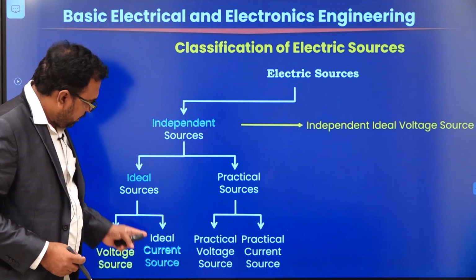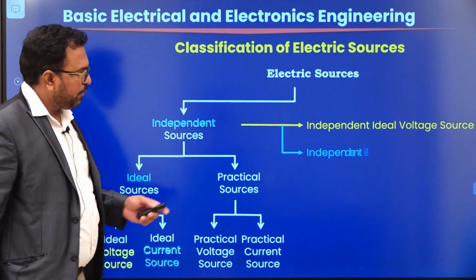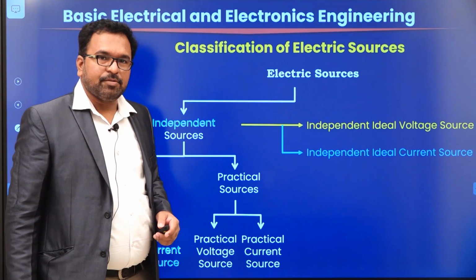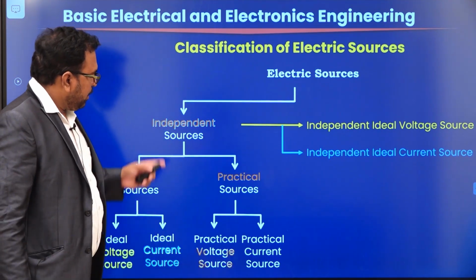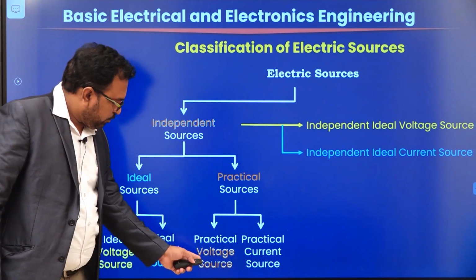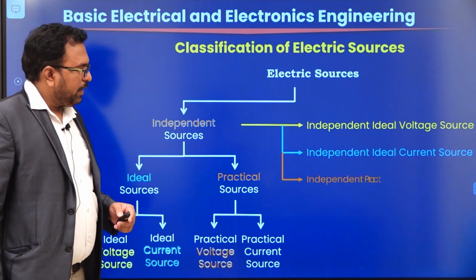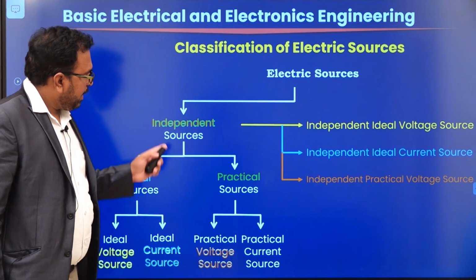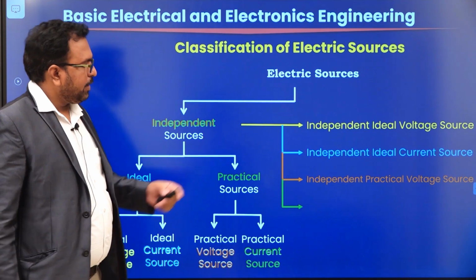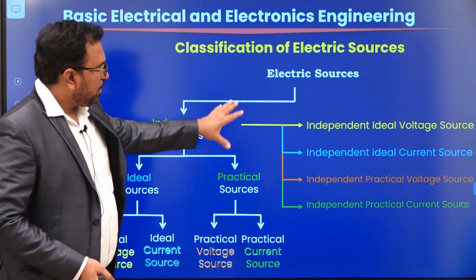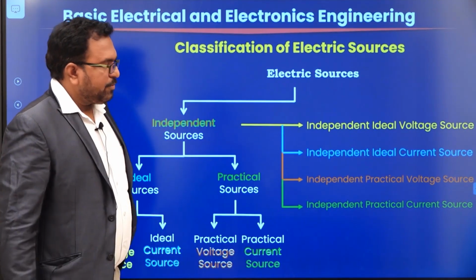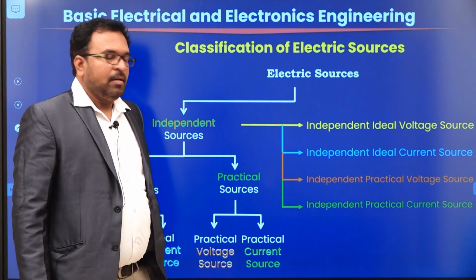Independent ideal current source. And what is the third one? Independent practical voltage source. And finally, the fourth one is the independent practical current source. So these are the four independent sources that we are going to discuss in this course.